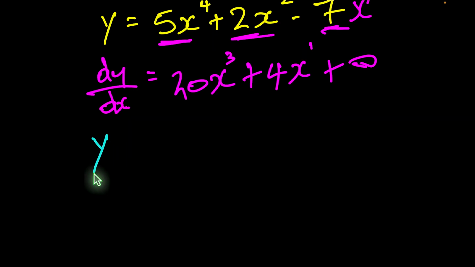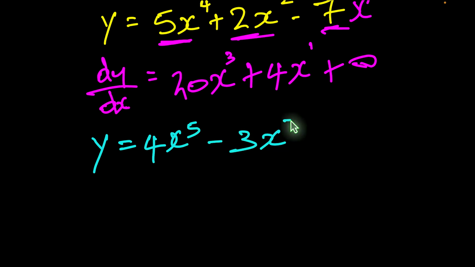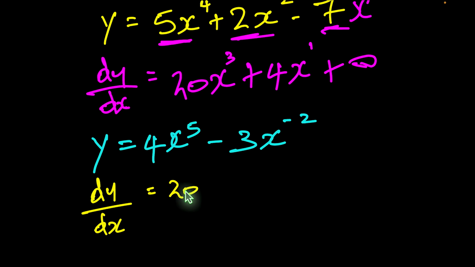How about when our power is negative? Let's say we have y equals 4x to the power of 5 minus 3x to the power of negative 2. The same rule will apply to this one. So we do our dy dx, that would be equal to, once again, 4 times 5, same as before, so 20x, take 1 off the 5, to the power of 4.